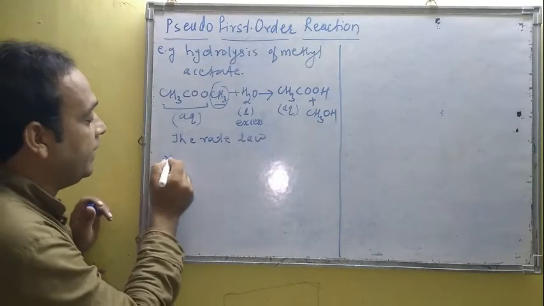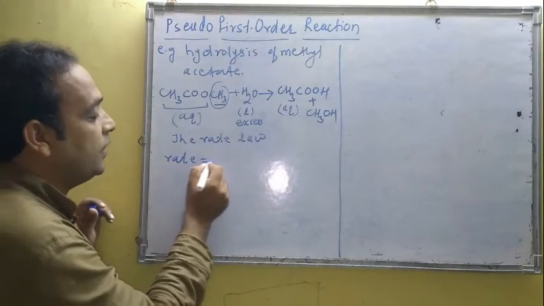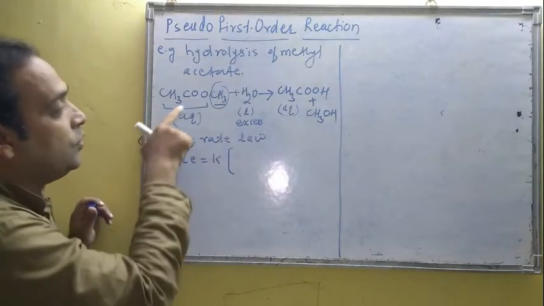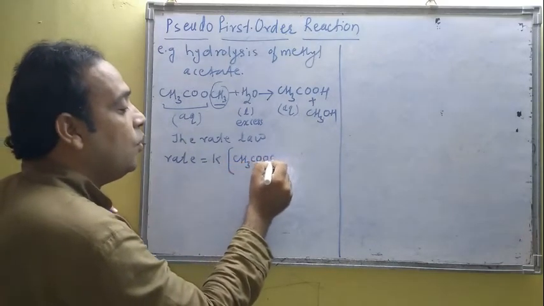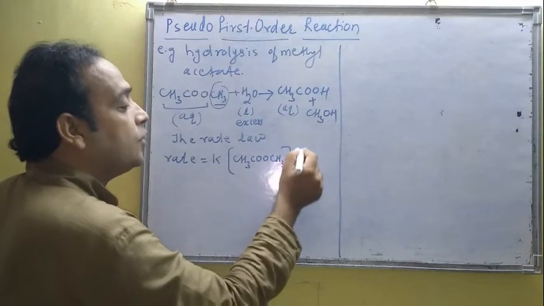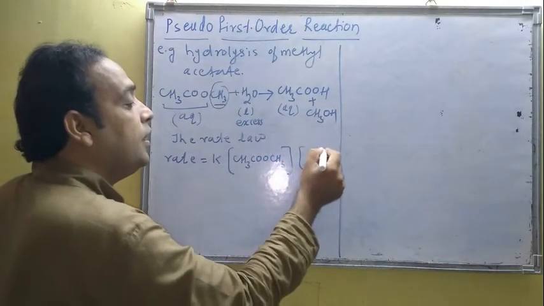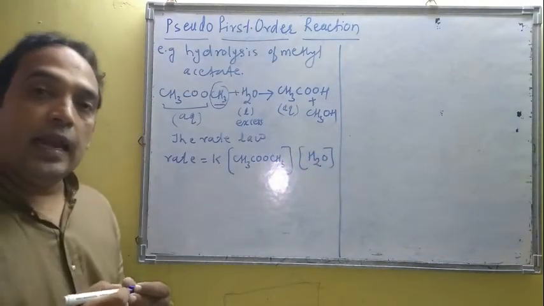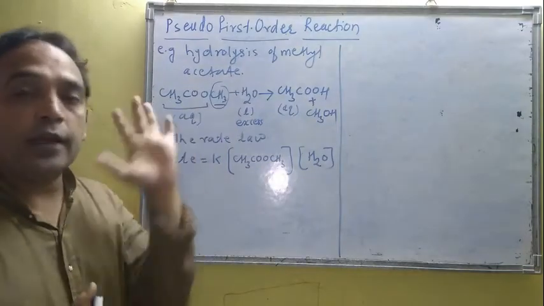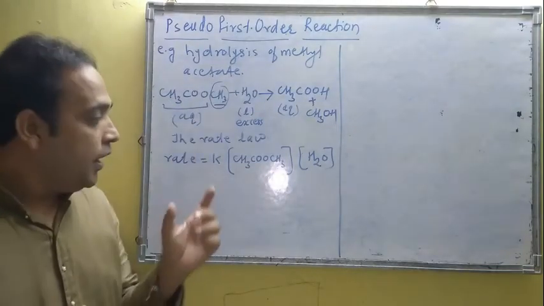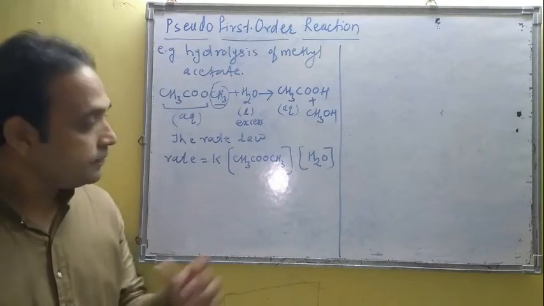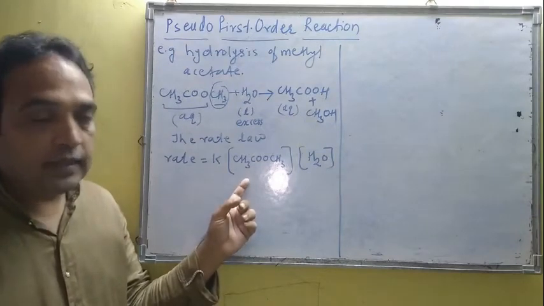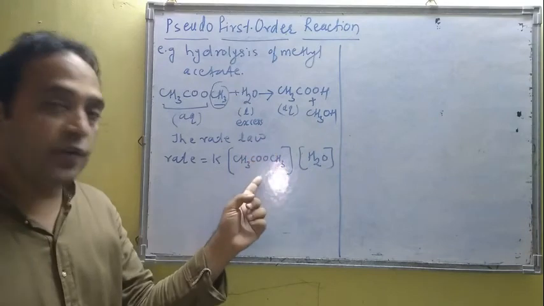So here we can write rate is equal to K into concentration of methyl acetate, CH3COOCH3, and concentration of water molecule. This is the rate of this reaction according to rate law. Now suppose I have to write the order of this reaction. The order with respect to methyl acetate is 1, meaning it is first order.